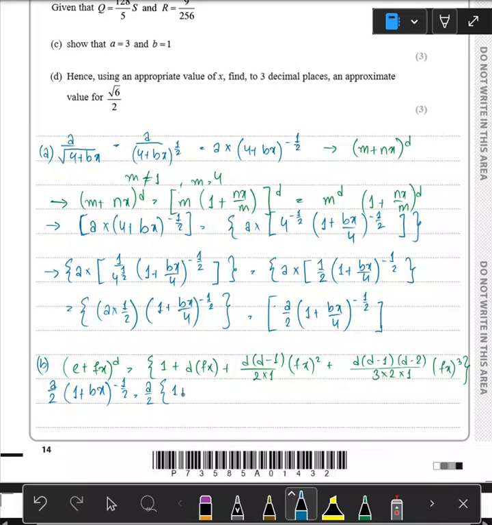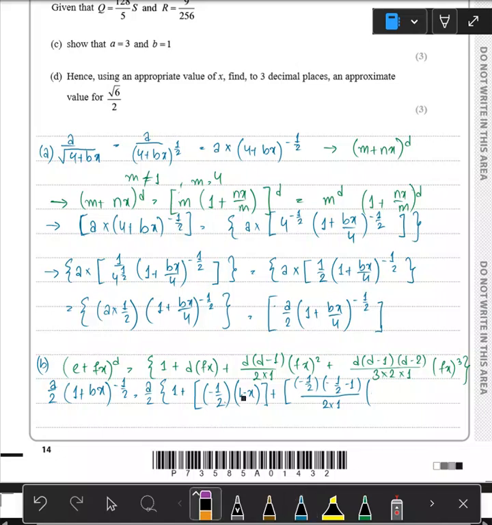Now, bracket 1 plus d, where d is negative half, by bx, plus negative half multiplied by negative half minus 1, divided by 2 multiplied by 1, and bx squared.